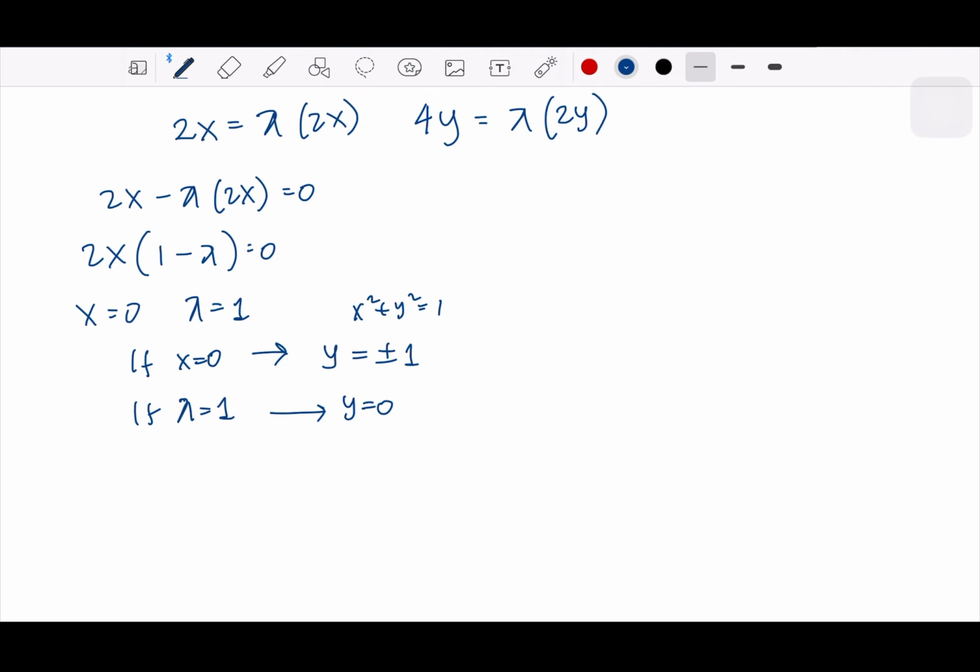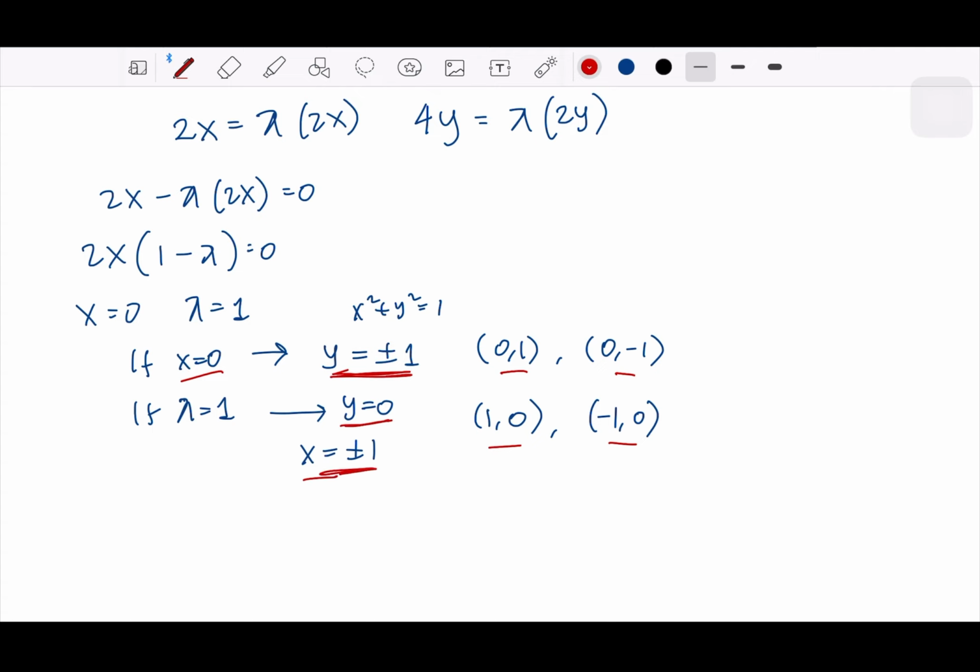And then, because y equals 0, x will be plus minus 1. So we have at least from this 4 points: 0, 1; 0, -1; 1, 0; and -1, 0. How we get these 4 is: from x equals 0 we have y plus minus 1, and if we have y equals 0, we have plus minus 1 for the x.